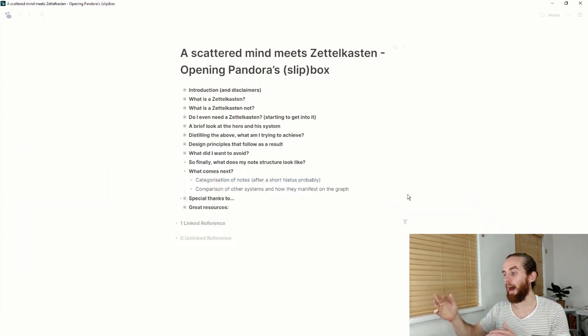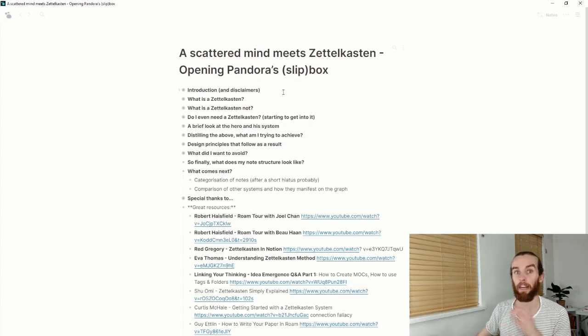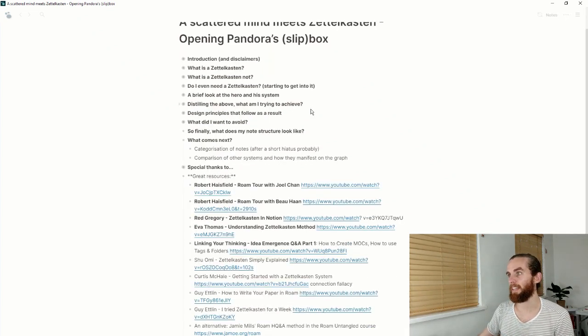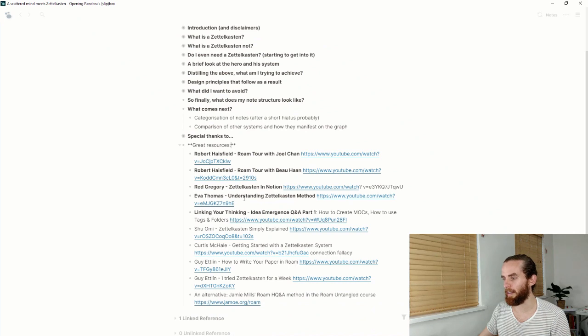And then I would really like to get into a comparison of other systems and how they manifest in the graph. In my great resources listed below, and maybe if I just expand that, there are lots of great videos on Zettelkasten, and a big thanks to Robert Haisfield for his Roam tours with Joel Chan and Bo Hahn, who really helped me understand the different ways of doing this.